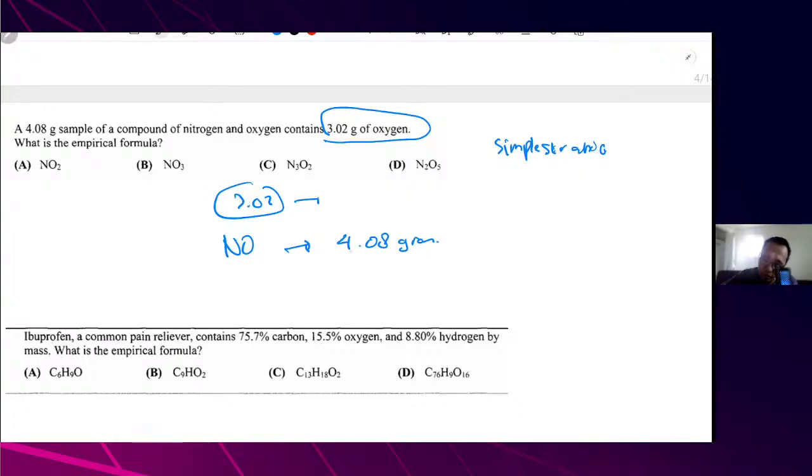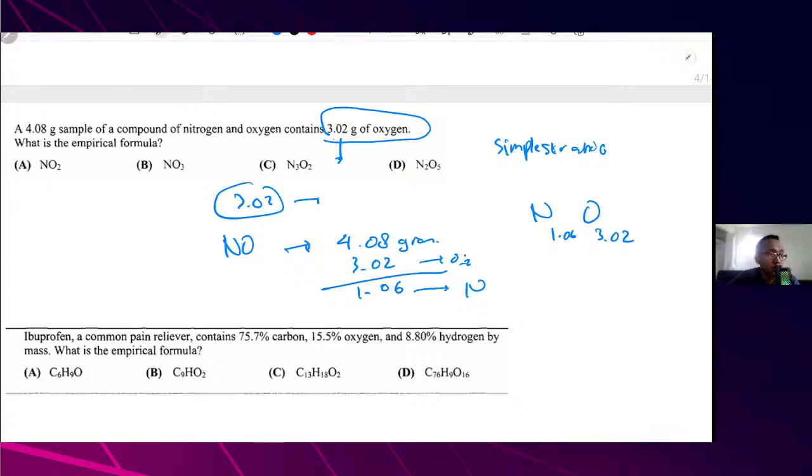The total of NO is 4.08, so if we subtract, we end up with 1.06 for nitrogen, and then oxygen is 3.02. Now we can plug in 1.06 and 3.02.